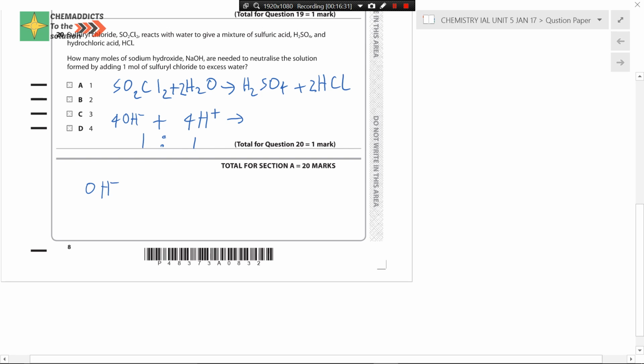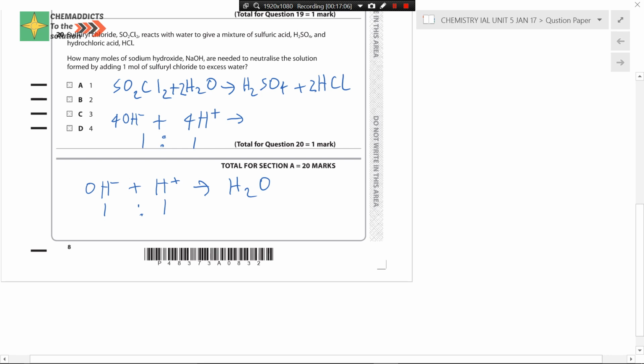Here is the basic equation for a reaction. Suppose sodium hydroxide is reacting with HCl, then the reaction would be like this. This is the basic chemical equation for the neutralization reaction, where the mole ratio should be 1:1.